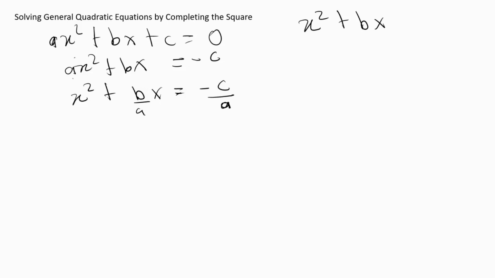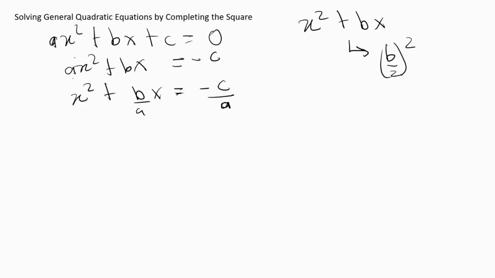So in order for us to complete the square, in this example we added b over 2 squared, right? That's what we did.